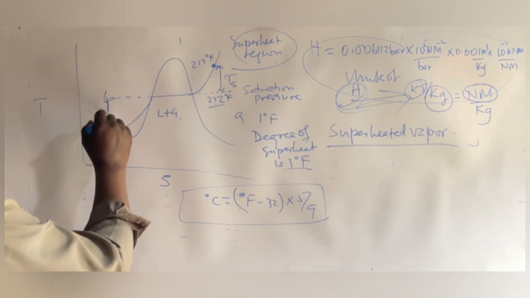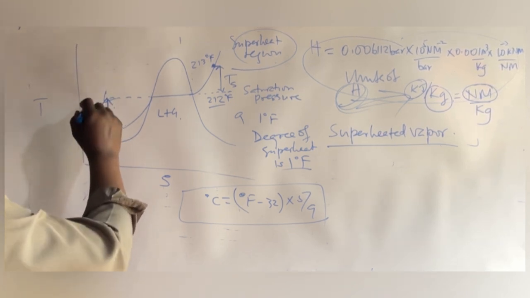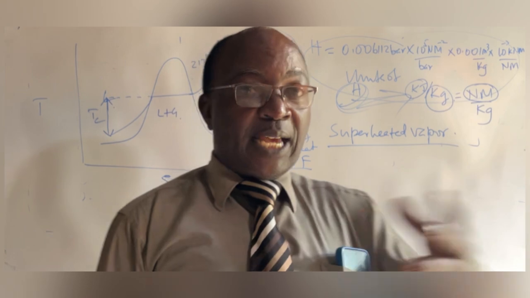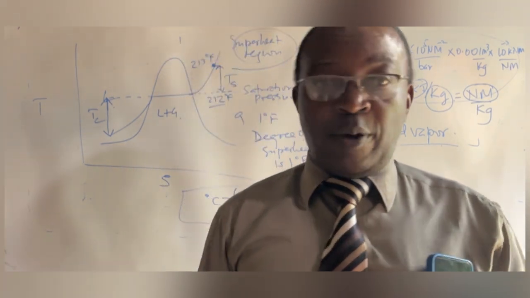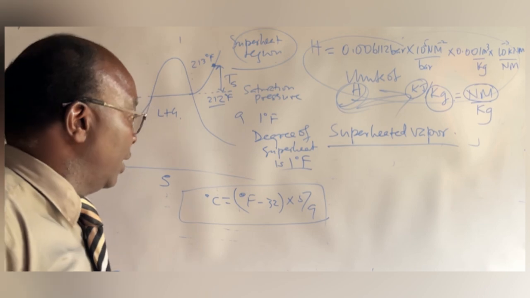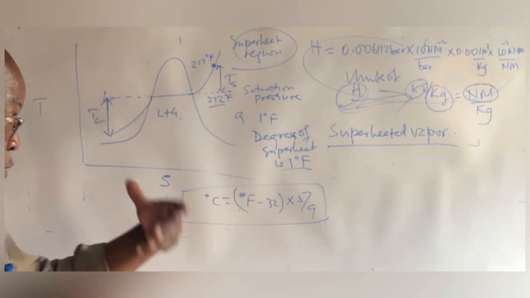We can have cooling in this region, and we have discussed that extensively in some of the earlier lectures, where we talked of the degrees of superheat and what it means.